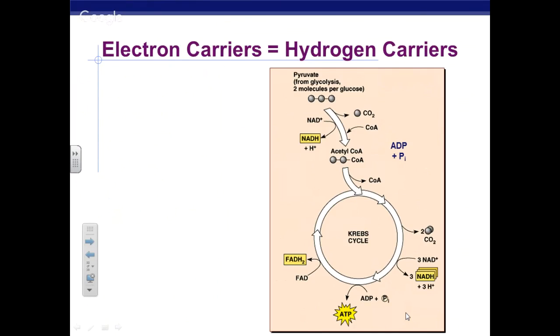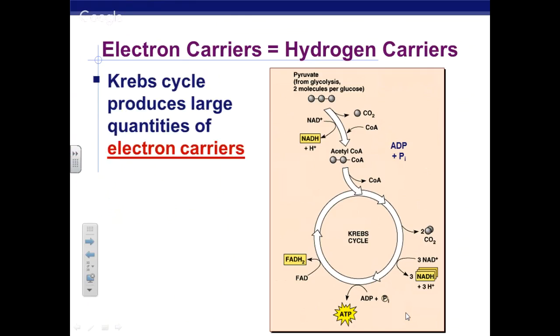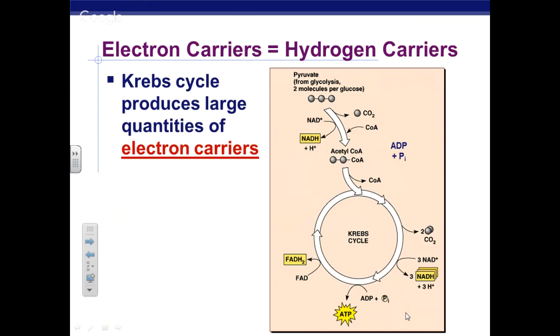If we combine the citric acid cycle with that pyruvate oxidation step, we made a lot of extra electron carriers. We made a total of 6 plus 2, so 8 NADHs, and then we made 2 FADH2s.